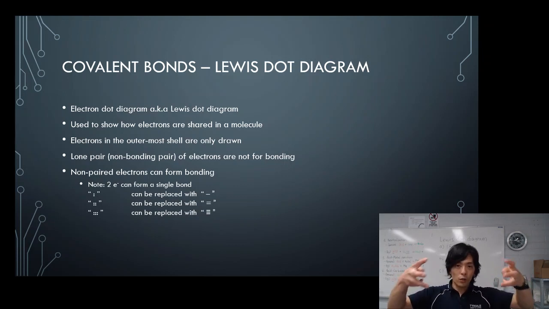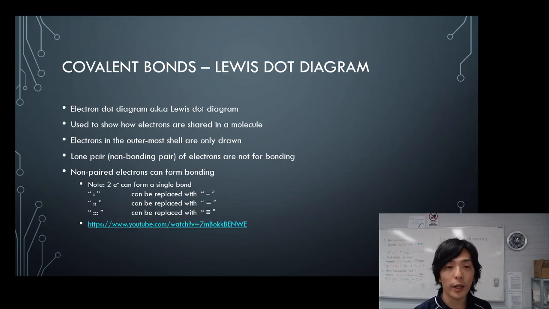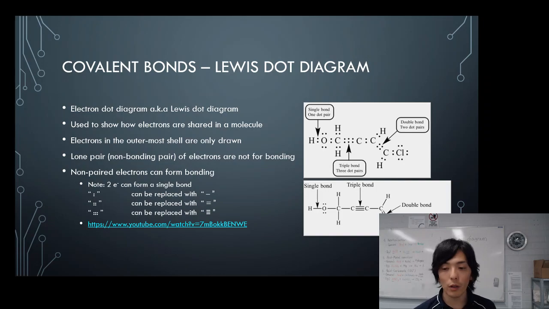If 6, so 3 each coming from each atom within a bond, then that's a triple bond. They can be represented with 1 line for single, 2 lines like an equal sign for a double bond, and 3 lines for triple. We'll watch the video later.